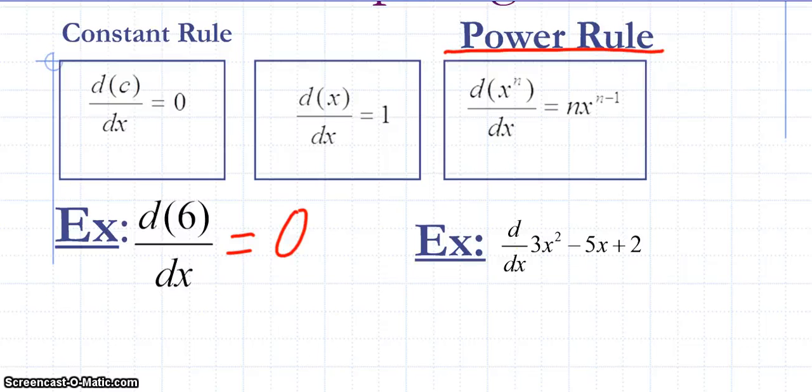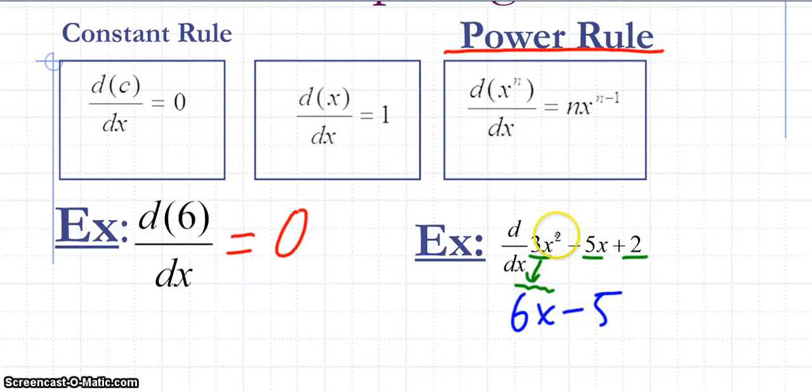That means that here the derivative with respect to x of 3x squared minus 5x plus 2 is going to be 6x minus 5. So what I'm doing is I'm taking the derivative of each piece individually. The derivative of 3x squared is 6x from the power rule.